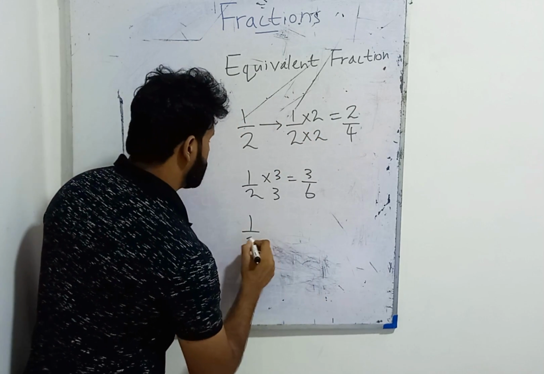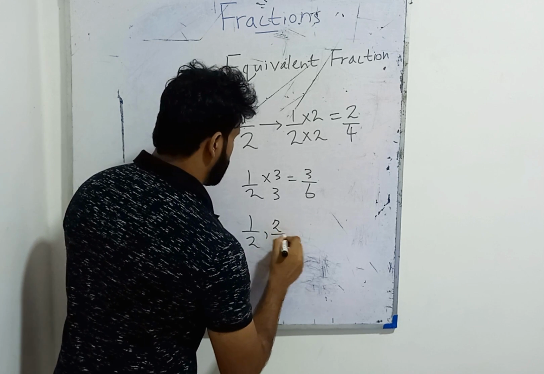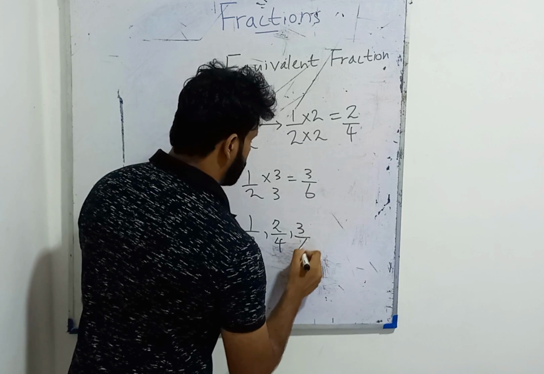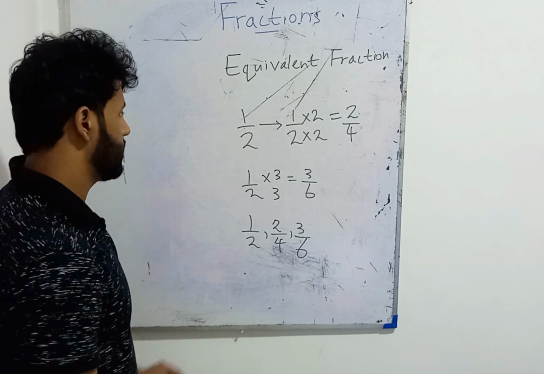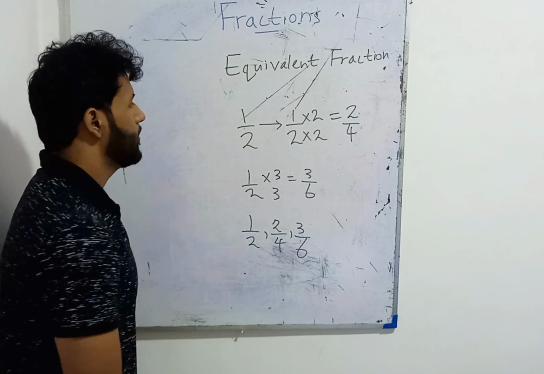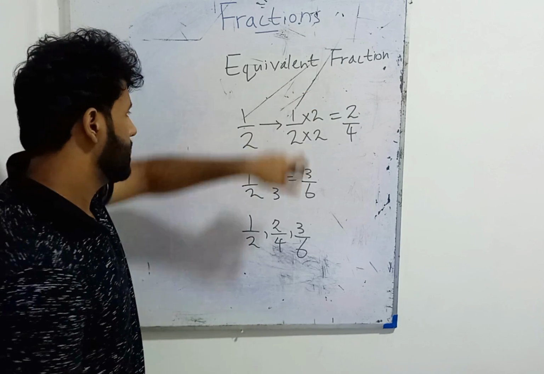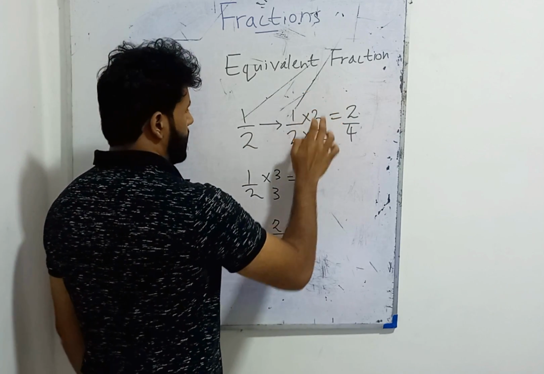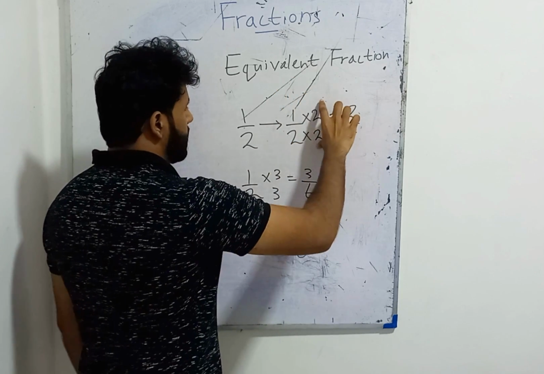So 1 over 2, 2 over 4, 3 over 6, all these fractions are equivalent. Equivalent fractions mean the same value, 0.5, and you can see we multiplied the numerator and denominator using the same factor.